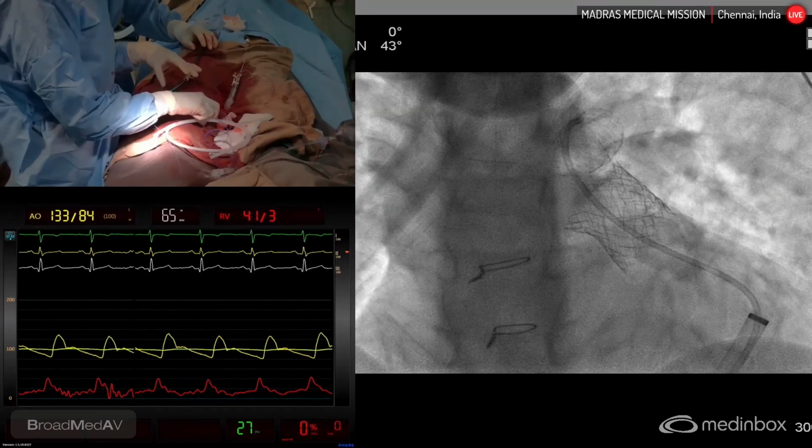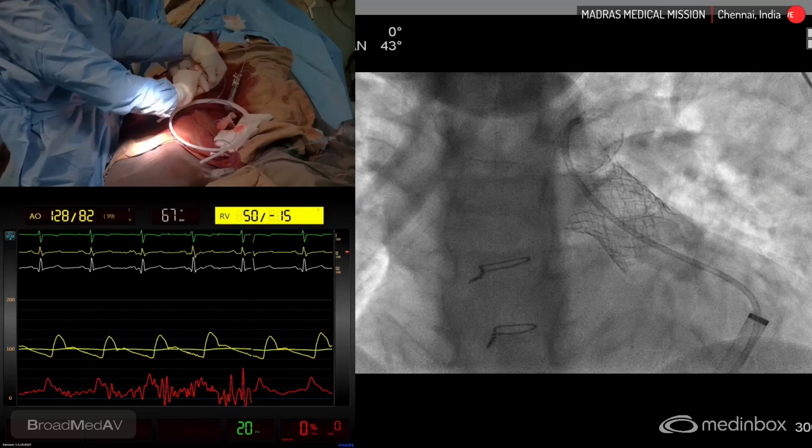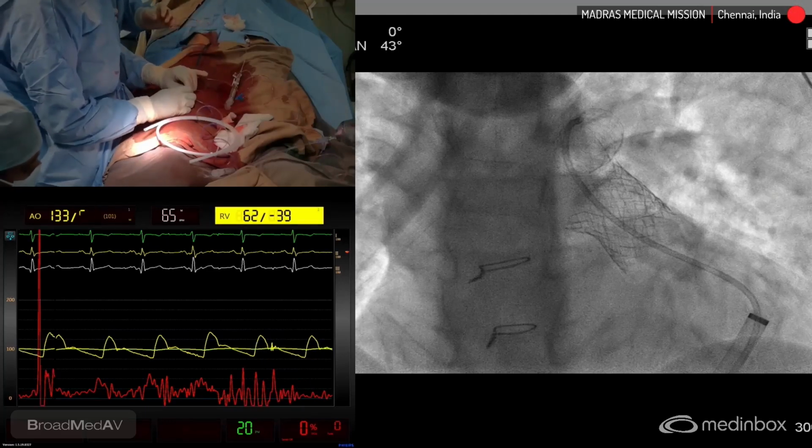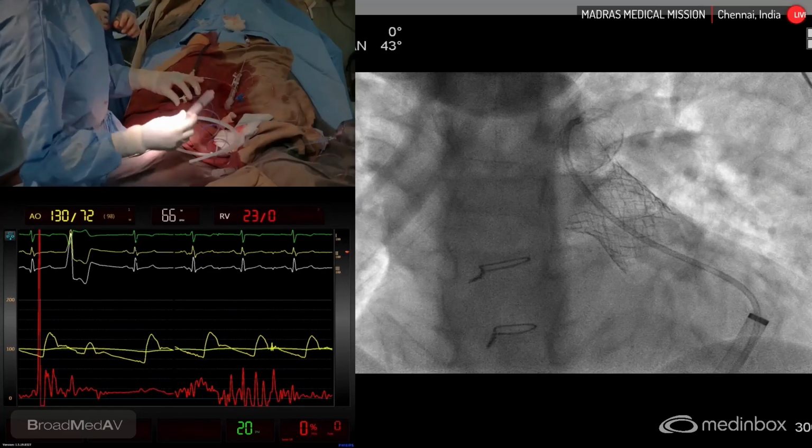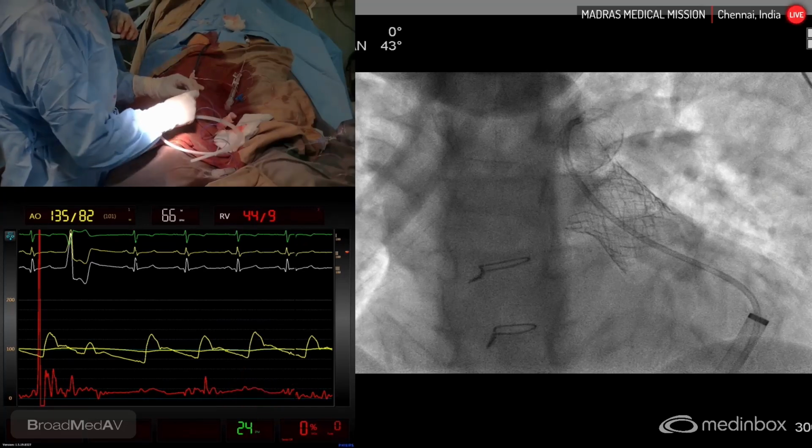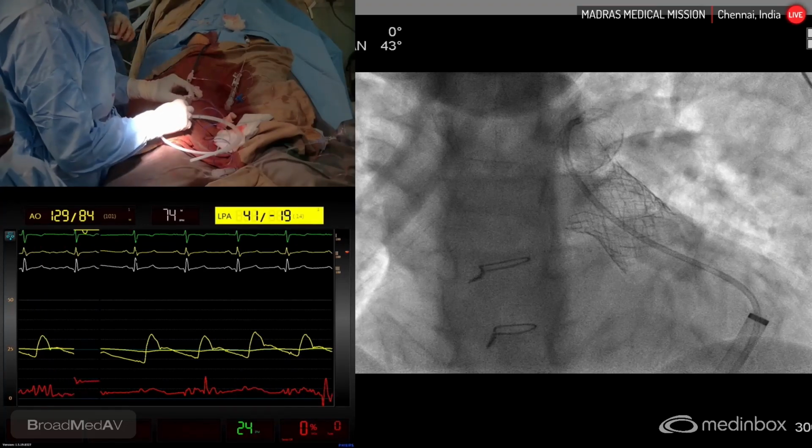So we are now in the left pulmonary artery, deep in the left pulmonary artery. We're going to make a pull back from the left pulmonary artery all the way into the right ventricle and right atrium.